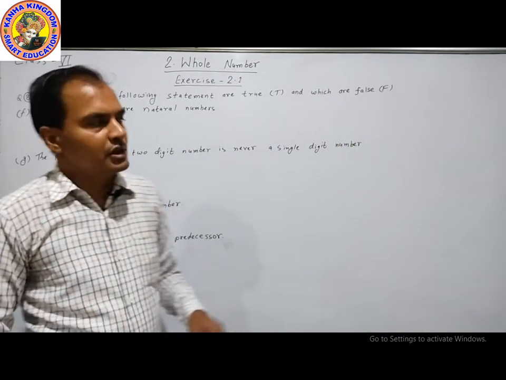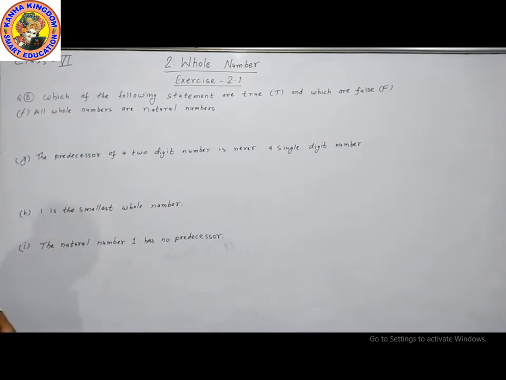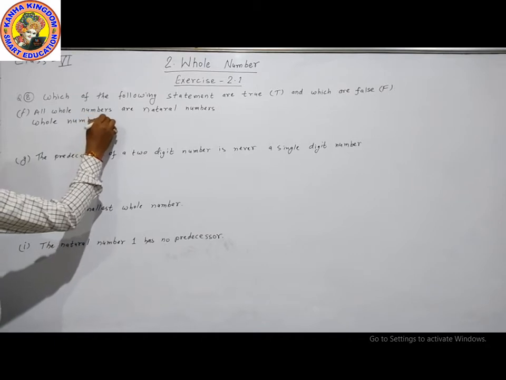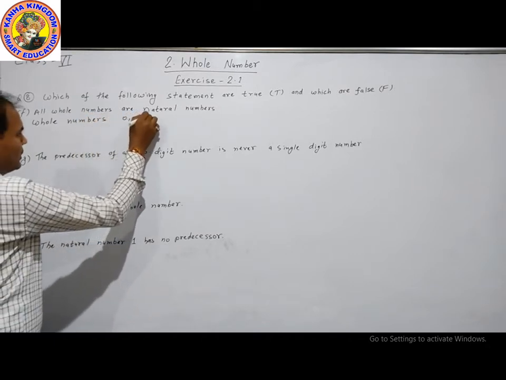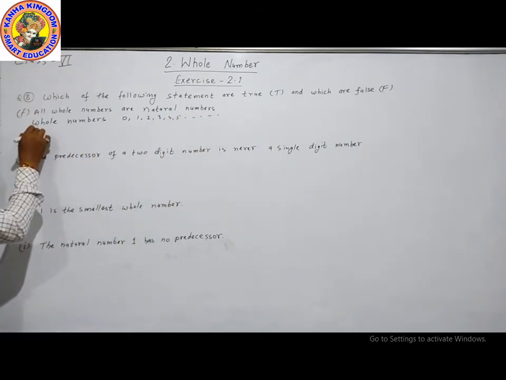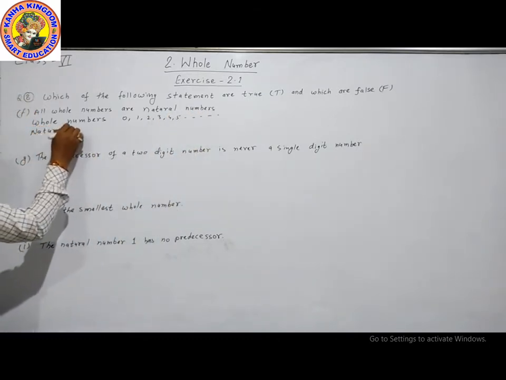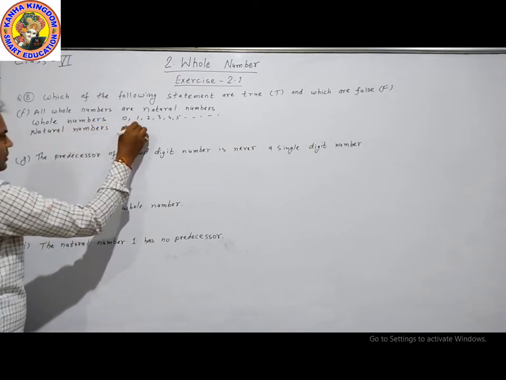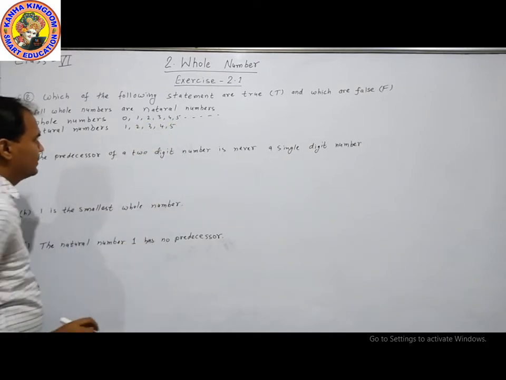So student, in question number 8, which of the following statements are true and false? Part F. All the whole numbers are natural numbers. Whole numbers are 0, 1, 2, 3, 4, 5 and so on. Natural numbers are 1, 2, 3, 4, 5.